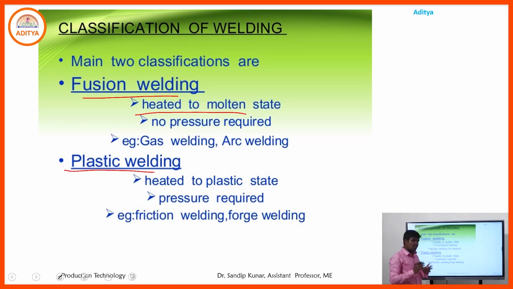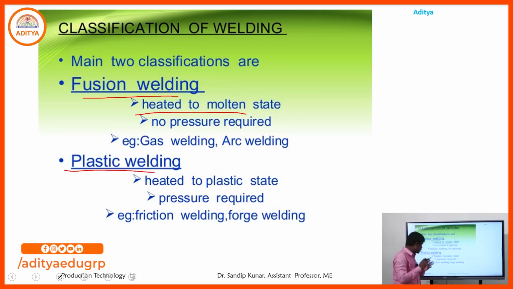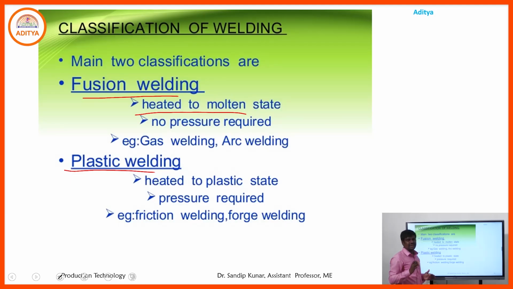In plastic welding we apply heat to reach the plastic state, and we also apply pressure. Due to the pressure, when one part is rotated or moving, mechanical friction occurs between the two mating elements.